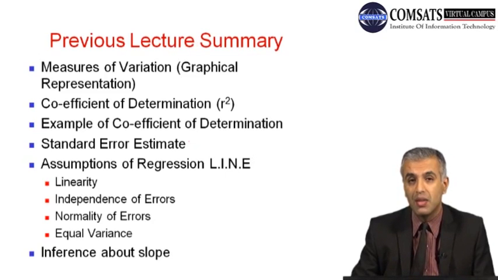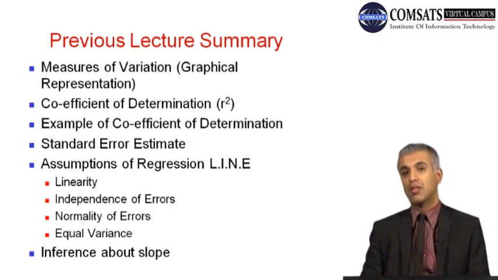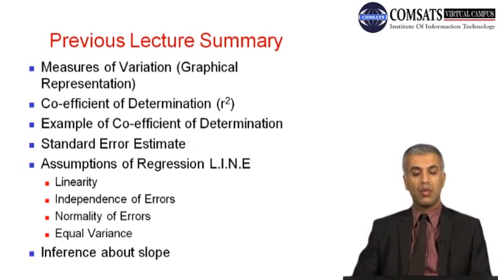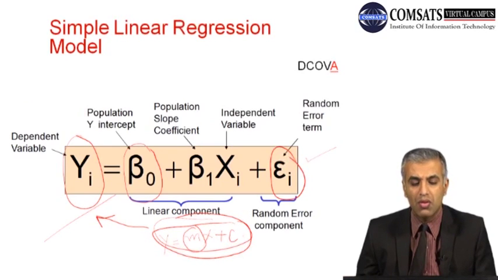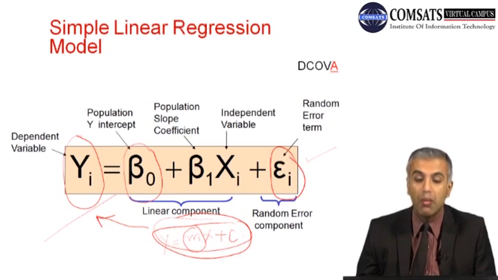Likewise, there is equal variance, which needs to be ensured so that we can ensure homoscedasticity. And then we had a discussion about the slope, how we can make inferences about the slope. We went through all these details, and just to recap, this was the initial model which we discussed regarding regression.